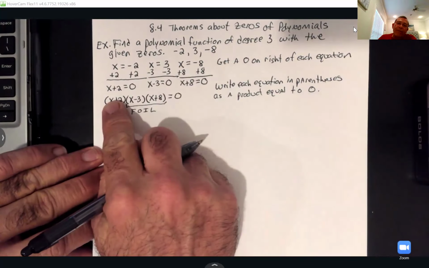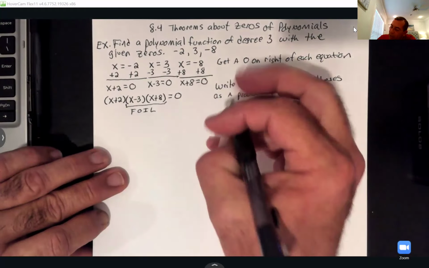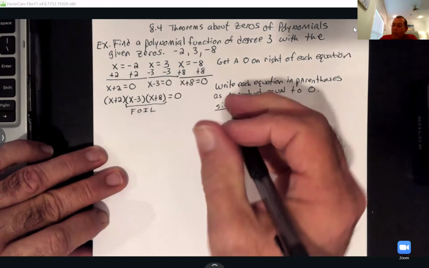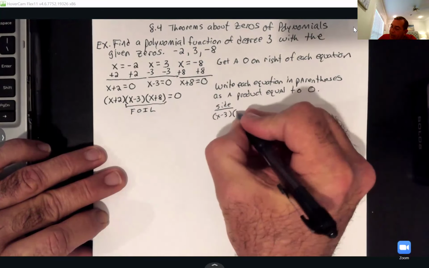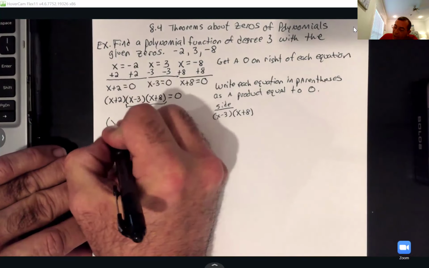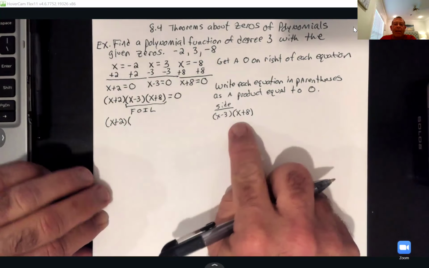Now you can do the first 2, but I'll show you why I do the last 2 first. So over here on the side, let's foil the x minus 3 times the x plus 8, because I'm just going to bring the x plus 2 down, and it's going to multiply by whatever I get right here, okay?